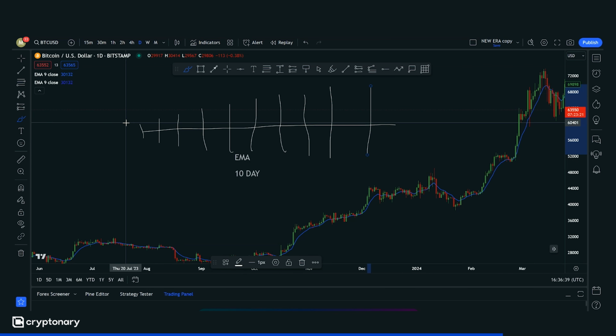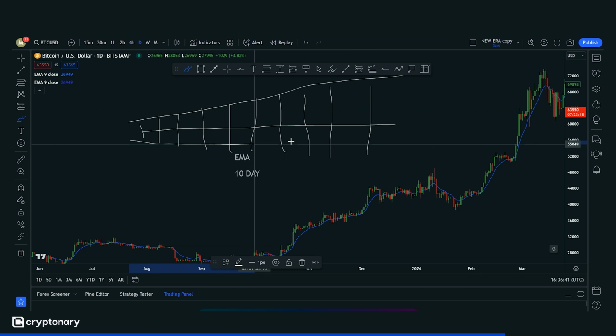It puts more weight on the most recent days, okay? So it's almost trying to tell you that the price changes recently are a little bit more important when you're using the EMA, whereas with the simple moving average the last 10 days of data are equally as important. The EMA does it a little bit differently. It puts more weight on the recent day.